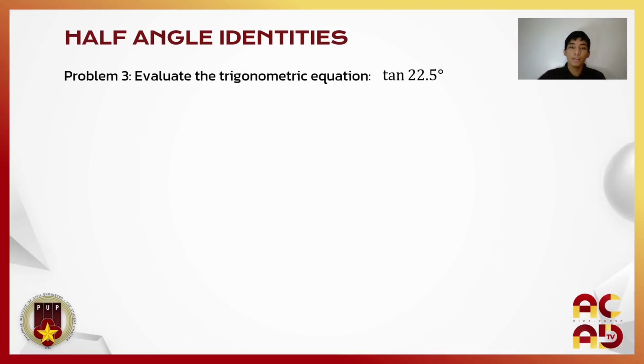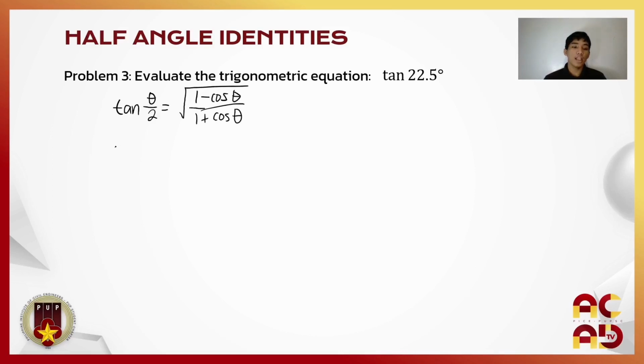Next, evaluate the trigonometric equation tangent of 22.5 degrees. So, dito, pwede rin natin magamit yung half angle identity for tangent. So, tangent theta over 2, that is equal to the square root of 1 minus cosine theta all over 1 plus cosine theta.